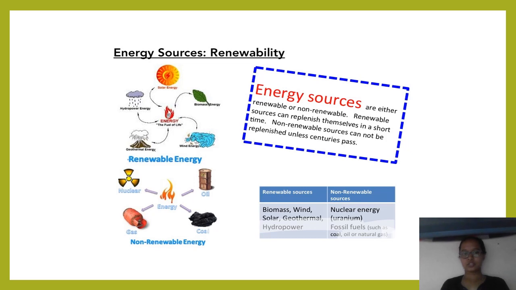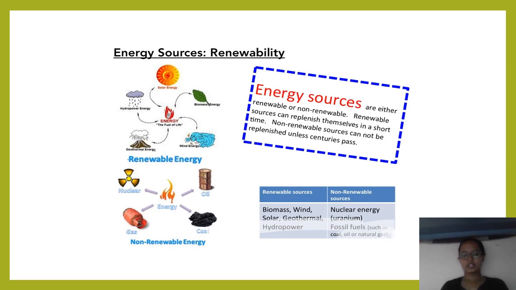Energy resources are classified by renewability. There are two types of energy, renewable energy and non-renewable energy. Renewable sources can replenish themselves in a short time, while non-renewable sources cannot be replaced unless centuries pass.